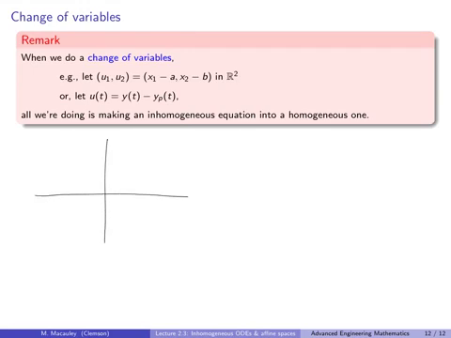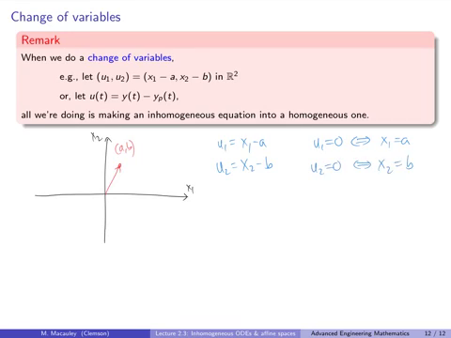In the first case, suppose we have R2, so x1 and x2, and let's take a vector, let's call it a, b. So when we change variables, we're letting u1 equal x1 minus a, and u2 equals x2 minus b. So notice that u1 is going to equal 0 if and only if x1 equals a, and u2 is 0 if and only if x2 equals b. So what we're doing, in essence, is defining a new coordinate system.